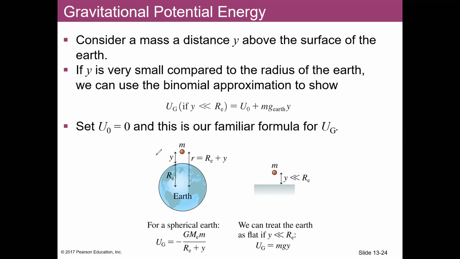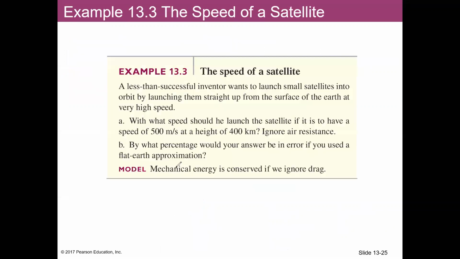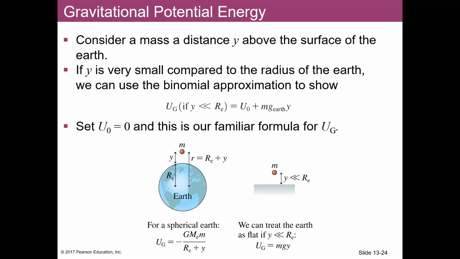Well, what you do is you have to break up the expression and do a little calculation, where you take r plus y and factor out the r from the denominator. The book goes through it.